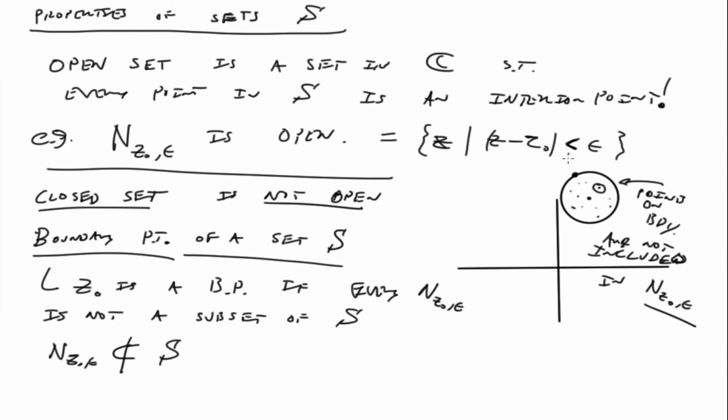If I take a boundary point there, and if I draw a little neighborhood around this set, it's always going to contain some points that are outside of the set itself. And that means it's a boundary point.